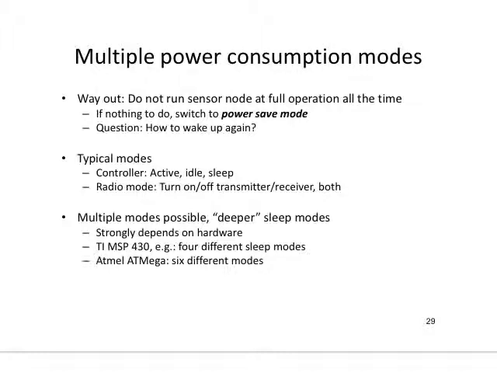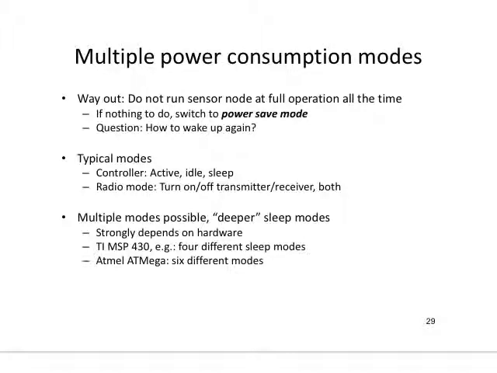For example, the MSP 430 microcontroller from Texas Instruments has 4 different sleep modes. The Atmel one has 6 different sleep modes. Depending on the application, having more levels of sleep might be good or bad.